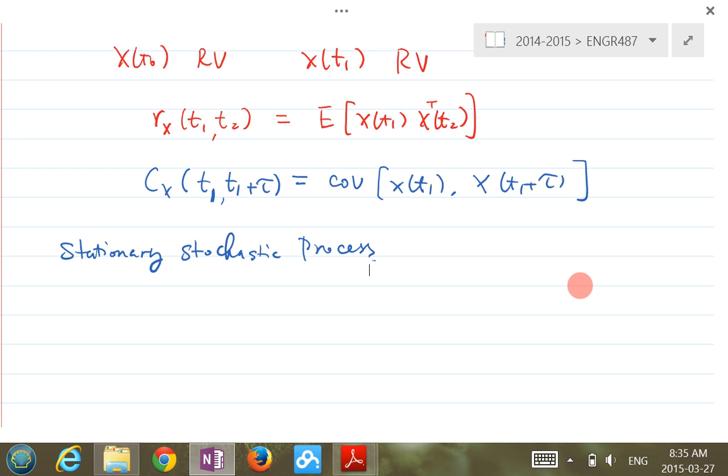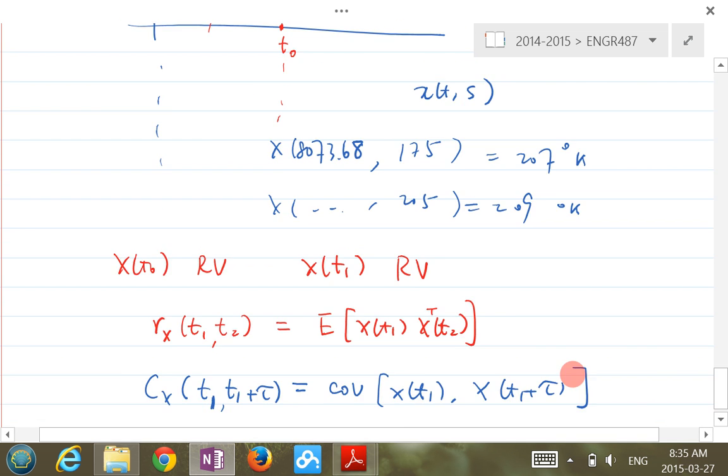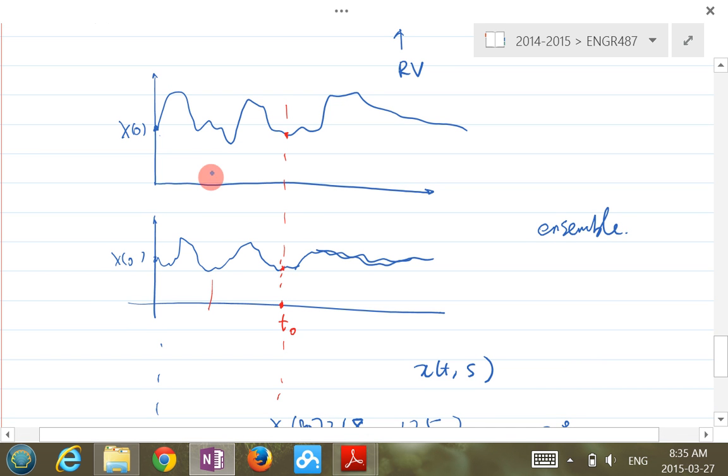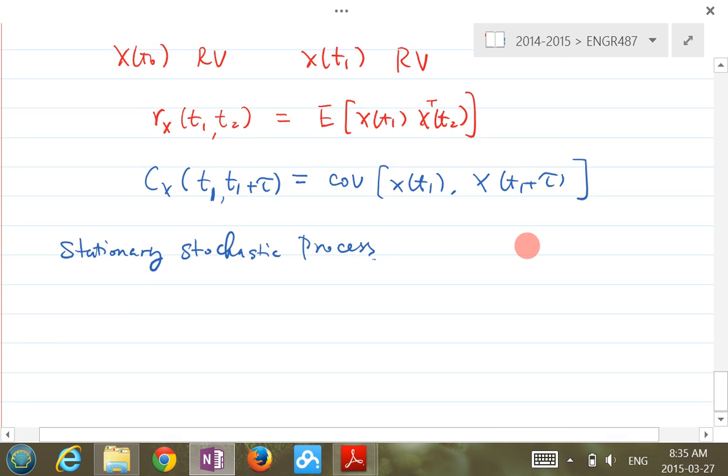It basically means it doesn't matter which moment you pick, you pick it here, here, or here. The probability distribution at each of the moments you pick arbitrarily is the same. So that's the stationary stochastic process.